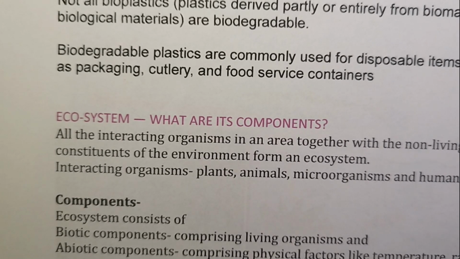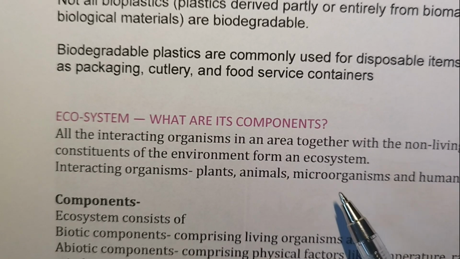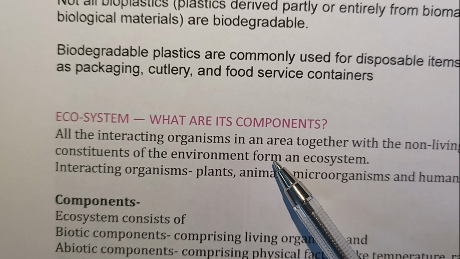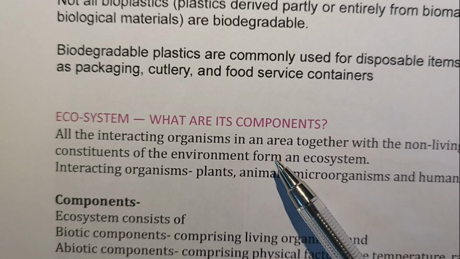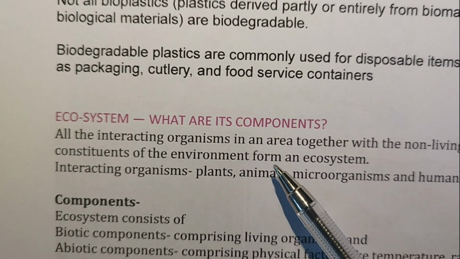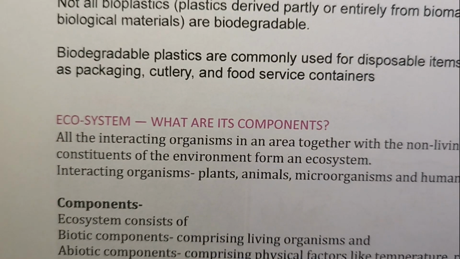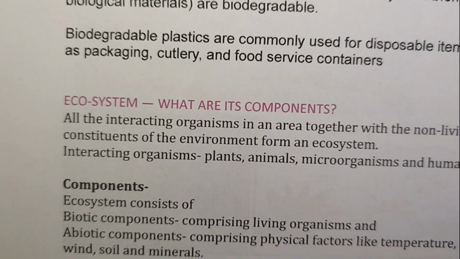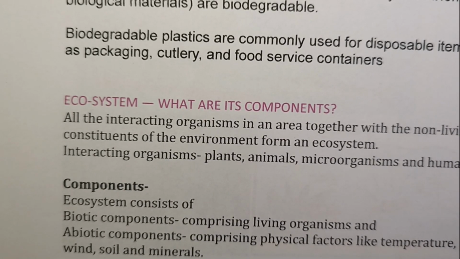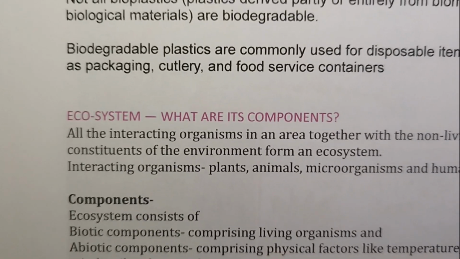Very important topic. Now all organisms such as plants, animals, microorganisms, and human beings are in constant touch with the physical surroundings, and they interact with each other and maintain a balance in nature. All the interacting organisms in an area together with the non-living components of the environment create an ecosystem.